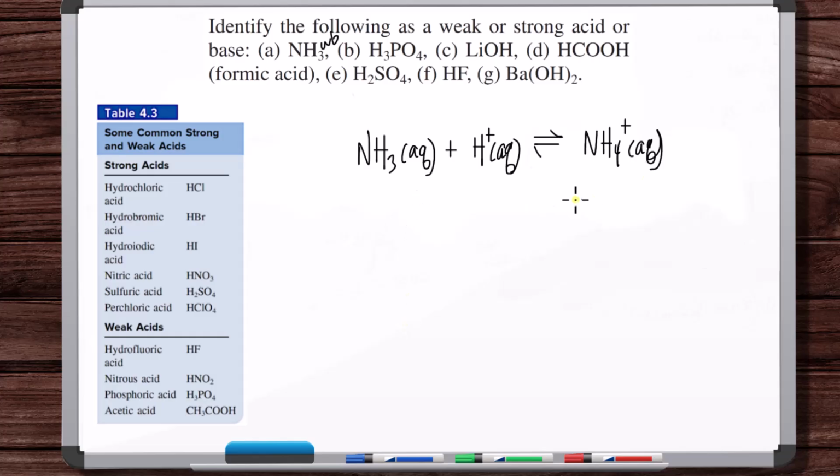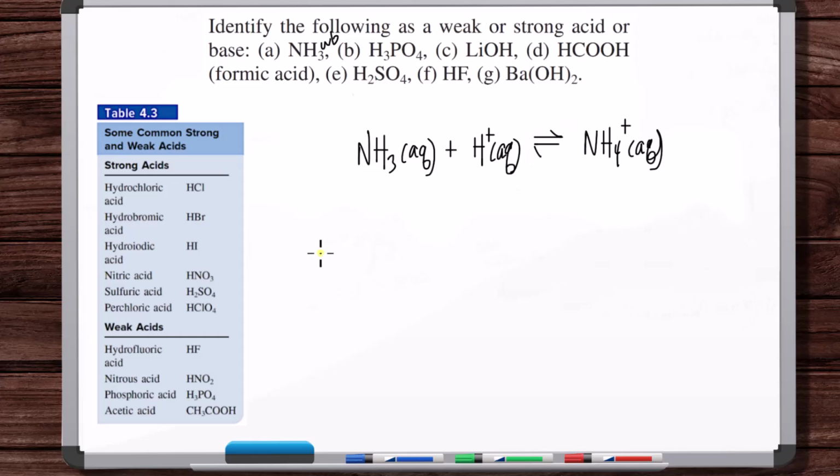But the only issue with this is it sort of implies that only if you dissolve NH3 in an acidic environment does it act as a proton acceptor. But no, NH3 ammonia has that official designation as a base because if you dissolved NH3 in neutral water, like pure water, it still forms NH4+.